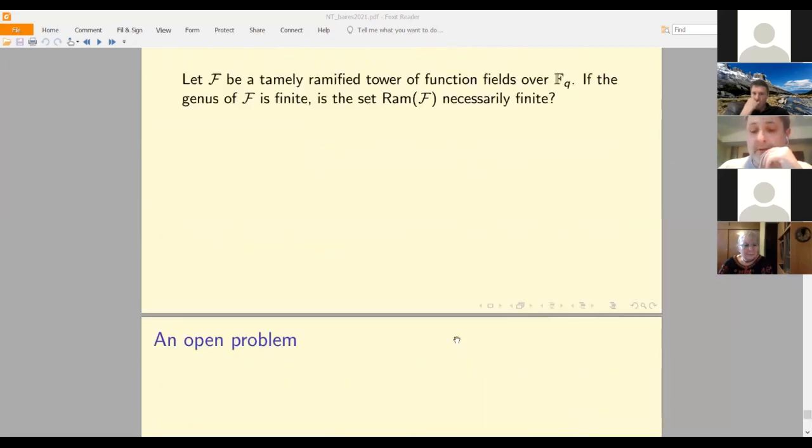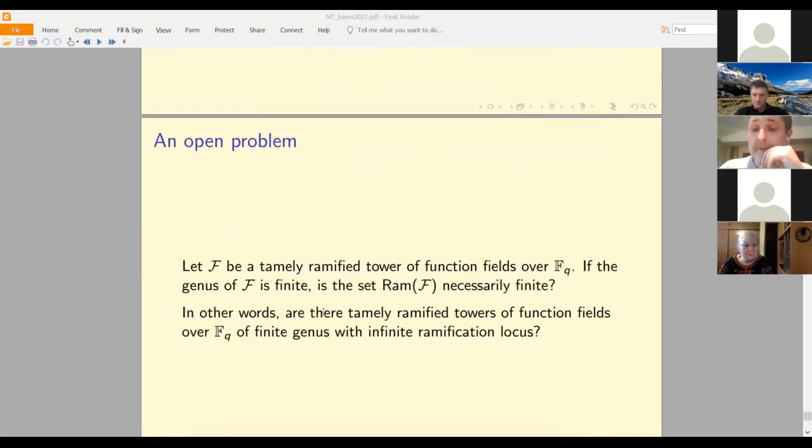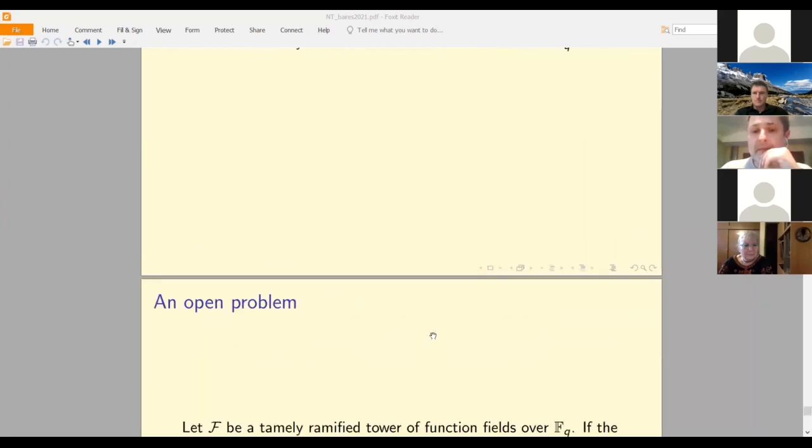In other words, is it possible to find a totally ramified tower of function fields with finite genus and infinite ramification locus? This is an open question, apparently really hard to answer.